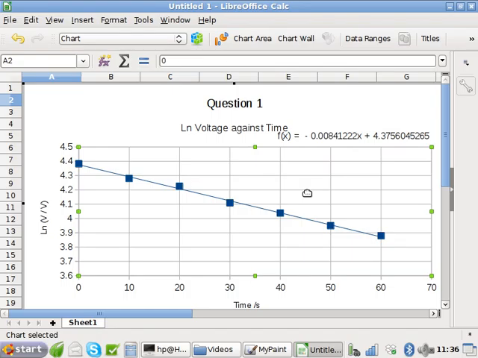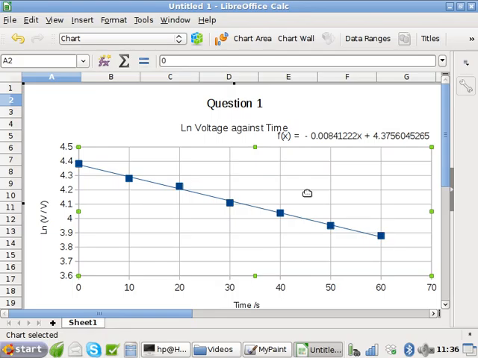In the exam you would need to estimate the slope from the triangle. So you draw a triangle here, and you do delta y divided by delta x. The delta y for me looks like 4.4 minus 3.85.